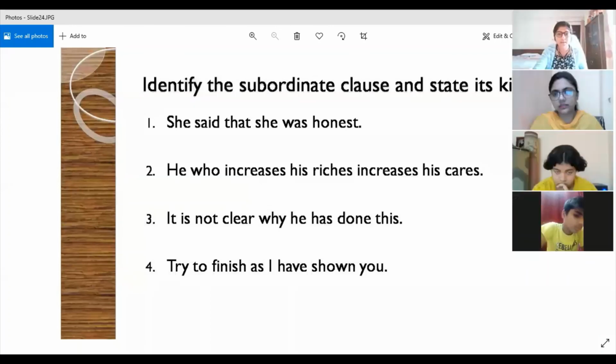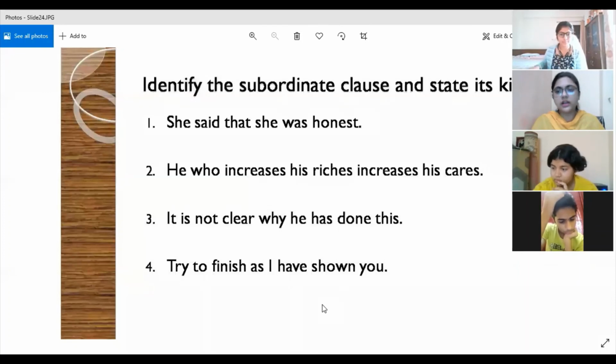Yes, Priyanshi. And the last question, I'm not getting how it is an adverb clause. Try to finish as I have shown you. Okay. First of all, see, as I have shown you can play two roles, because it is placed after a verb, right? So it can act as a noun clause or it can act as an adverb clause. It cannot act as an adjective clause. So that is ruled out.